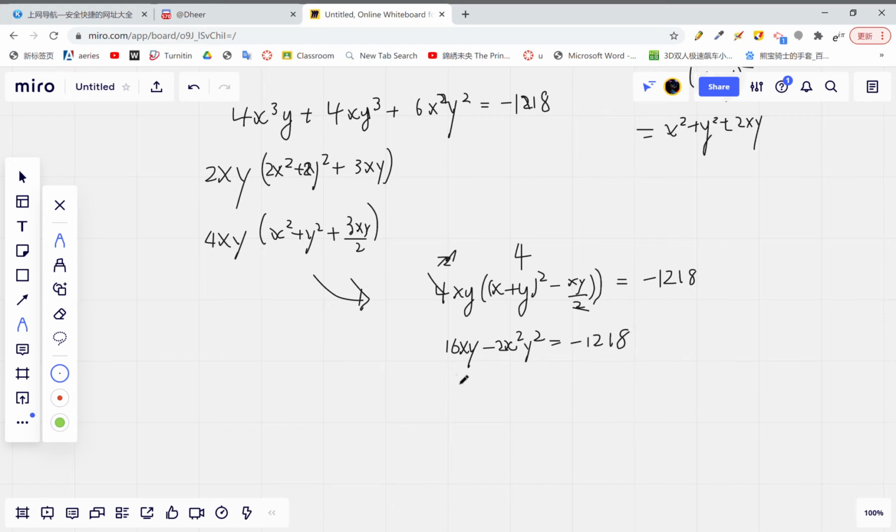And this is just equal to xy squared. So let's do the substitution method.